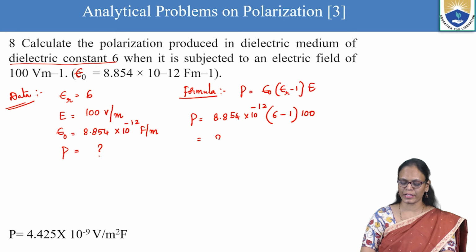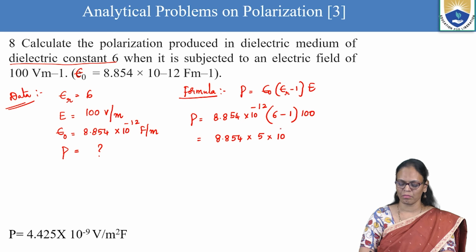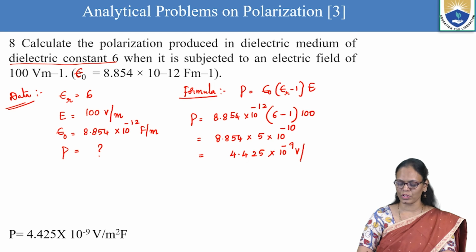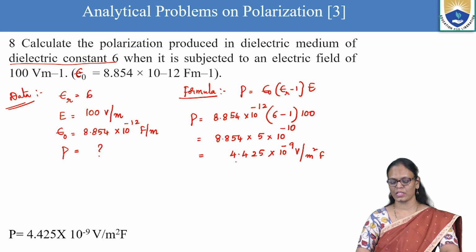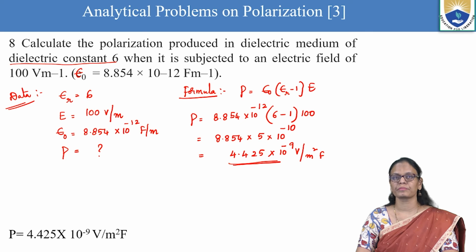So I can simply write it as 8.854 into 5. 6 minus 1 is 5. 10 power minus 12 into 100 is 10 power minus 10. So the value we get is 4.425 into 10 power minus 9 volt per meter square farad. So this is the value of polarization.